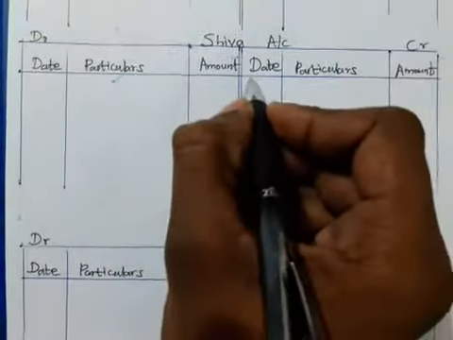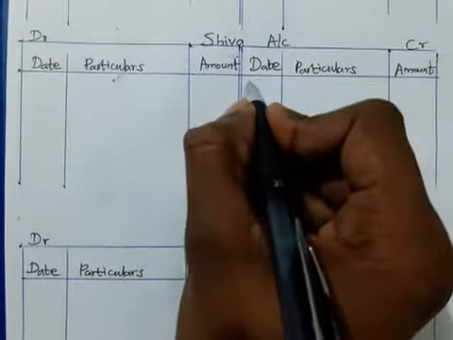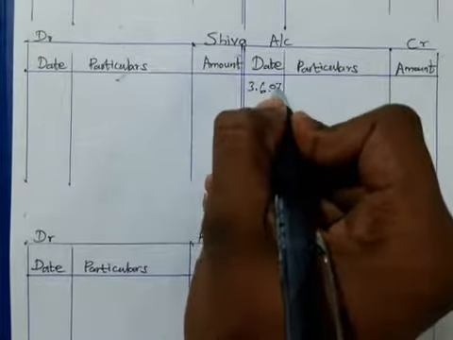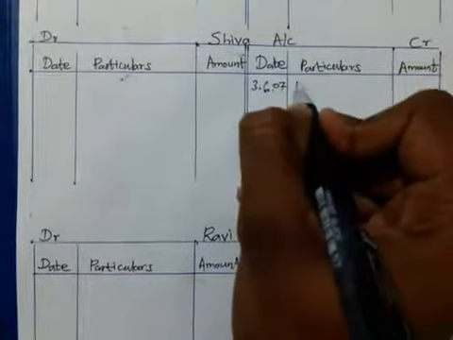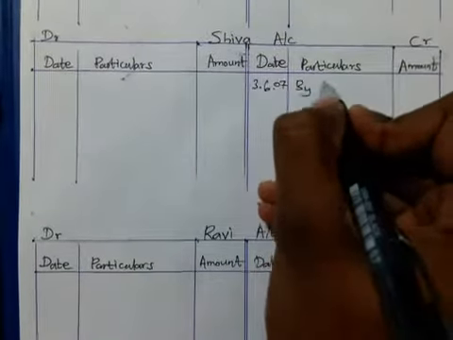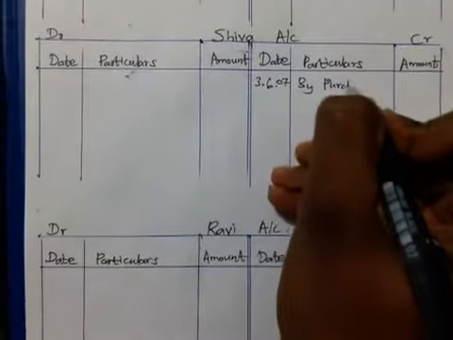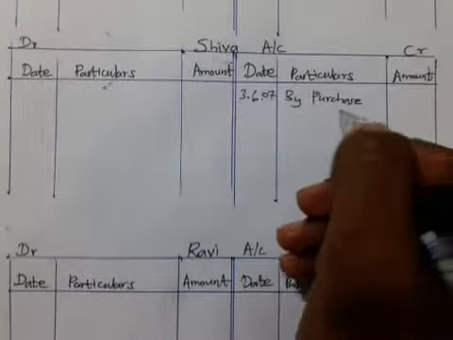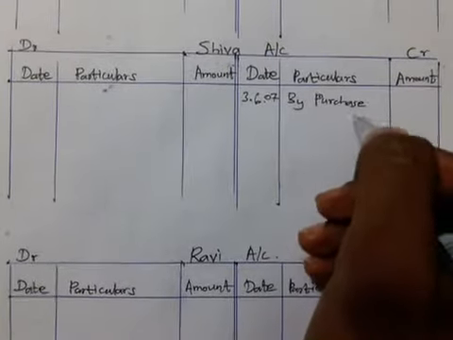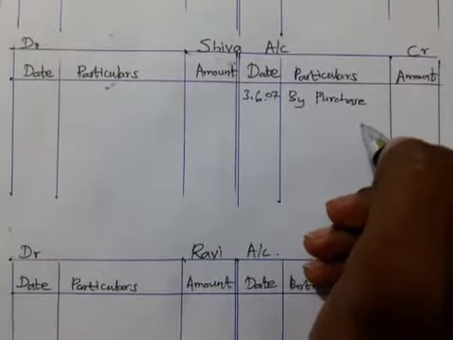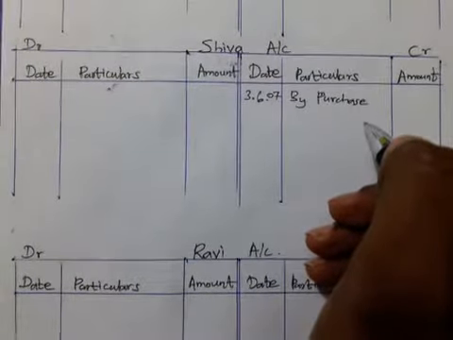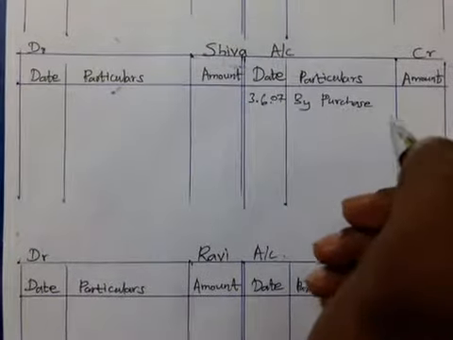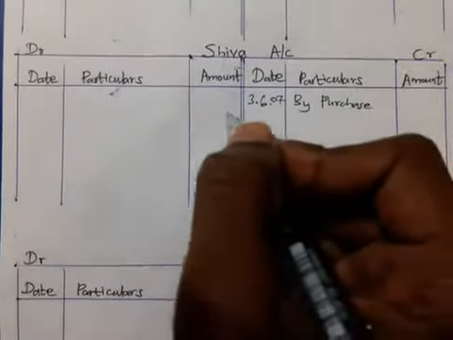The opposite entry of that purchase, 3/6/2007, by purchase. Because we are recording the credit side in this ledger account, because of the creditors, the liability type of accounts are increasing on the side of credit, and when they decrease, we have to record in the debit side.